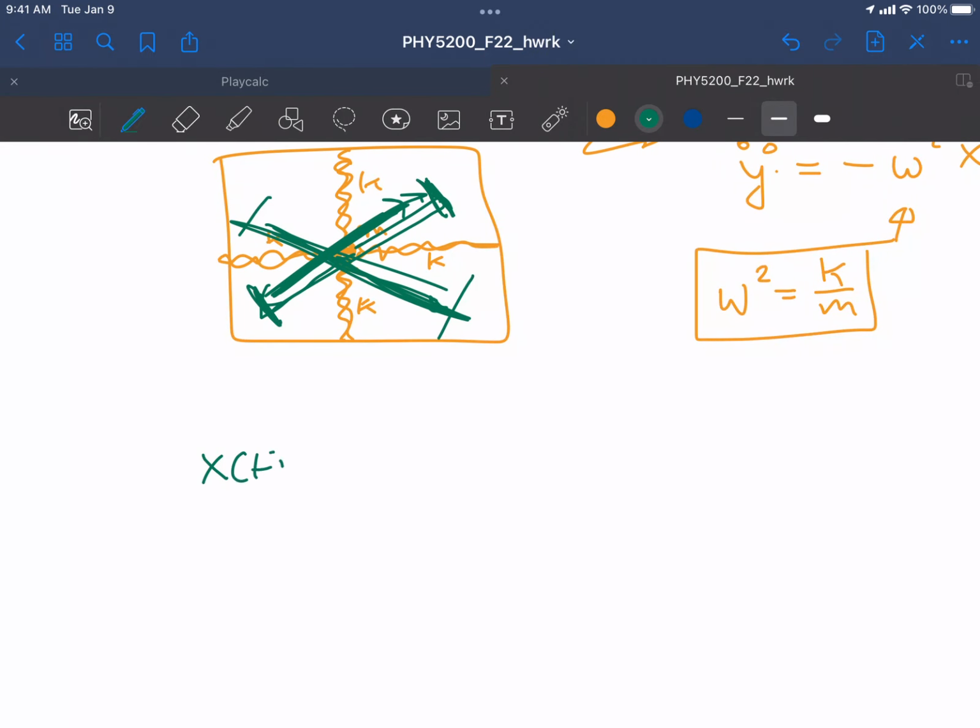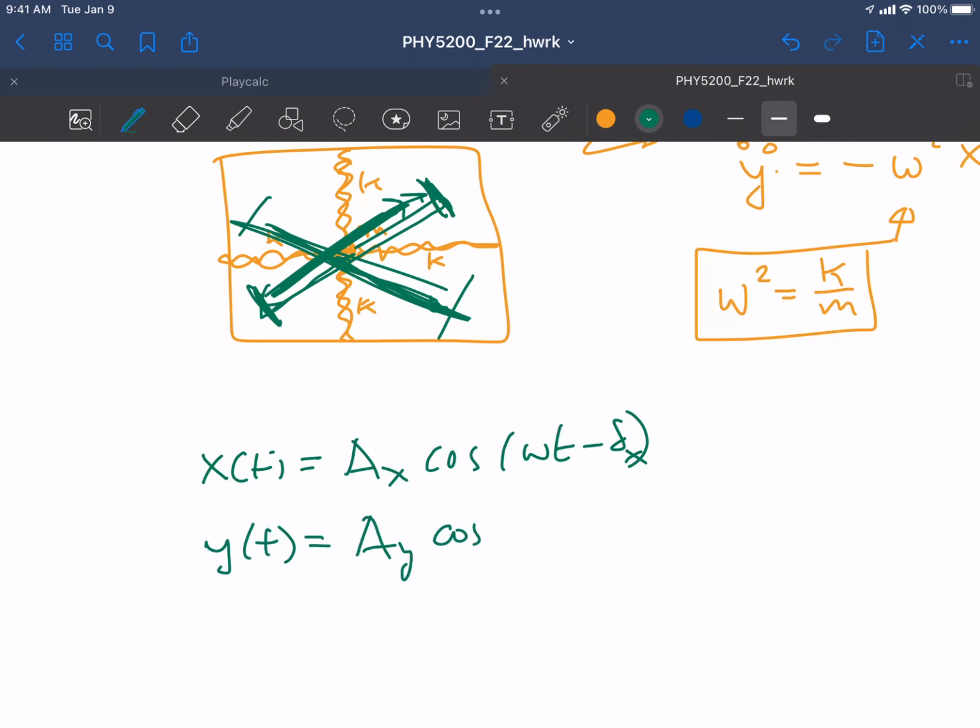We have x of t is equal to some amplitude in x times cosine omega t minus delta x, where this phase is an initial condition in x, and there's an amplitude in x. And in the y direction we have an amplitude in y times cosine omega t minus delta y.